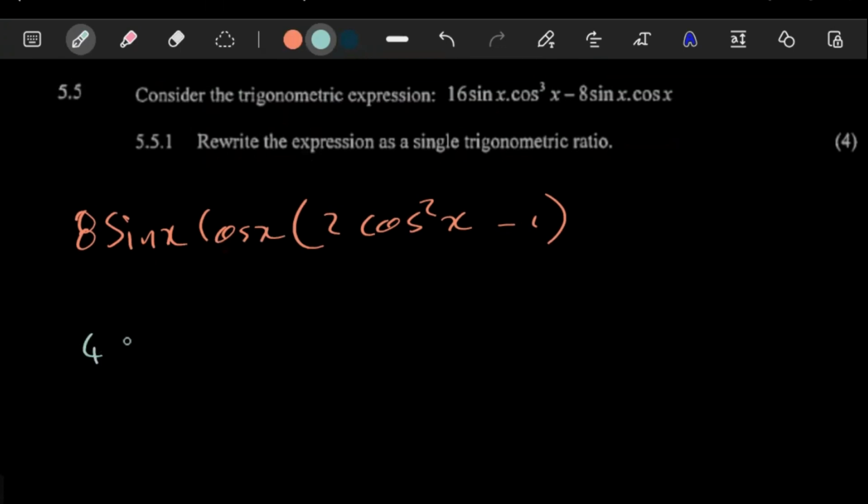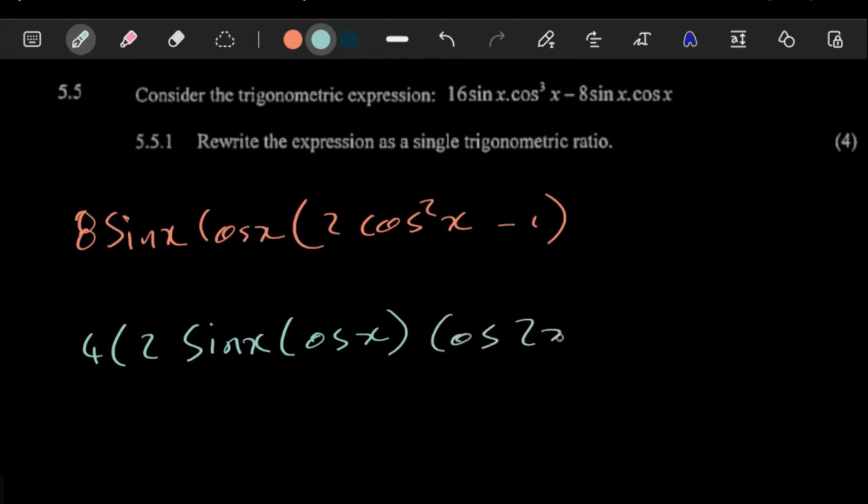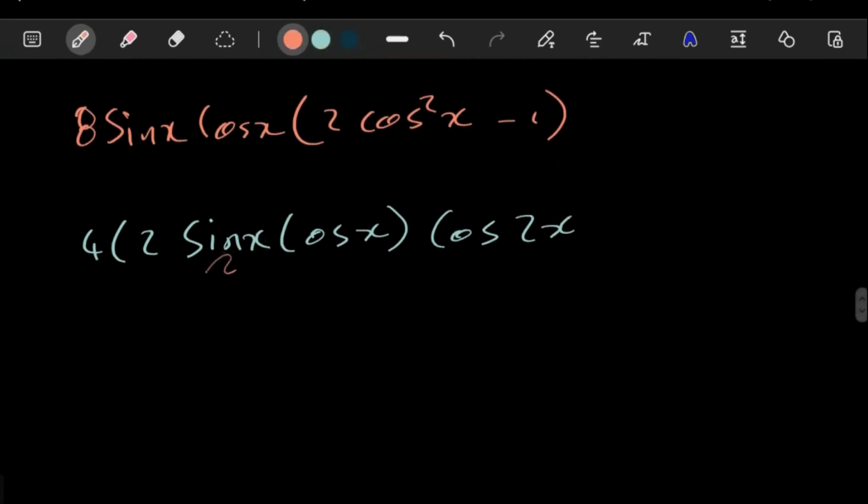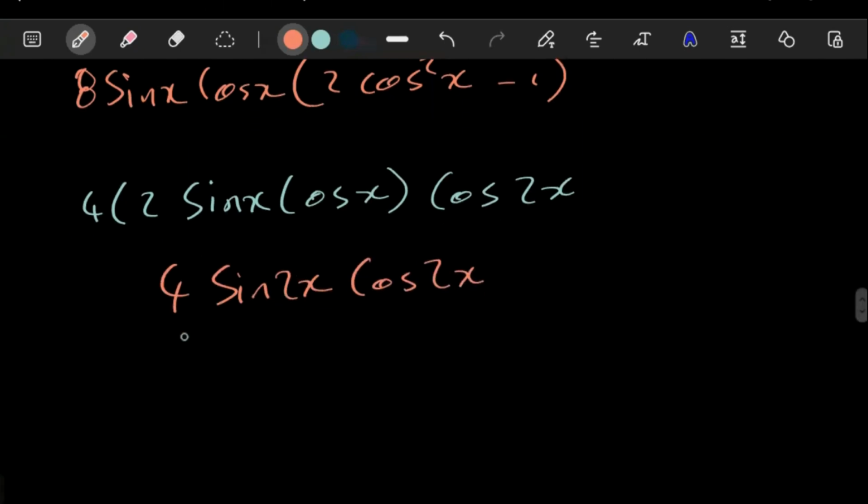If you take out a 4, you're going to have 2 sine x cos x here. Here, this is purely the resemblance of the double angle of cos, so you can just put your cos 2x. And then funny enough, this you can change to sine 2x. This is still just cos 2x. The 4 is still in the front. Funny enough, this all looks like the double angle of sine if you take out a 2.